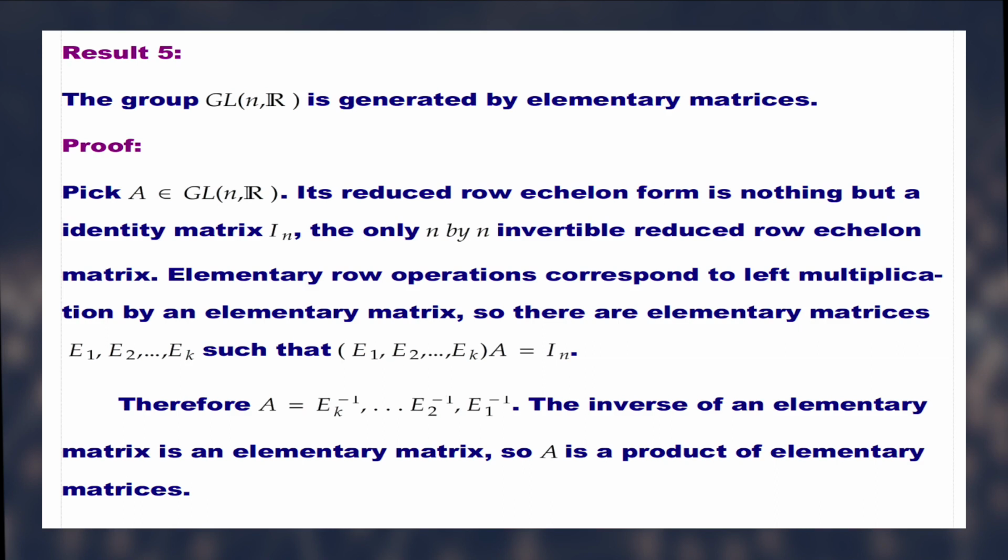So, there are elementary matrices E1, E2, and so on up to Ek such that E1 E2 ... Ek A is equal to I_n. Therefore, A is equal to Ek inverse ... E2 inverse E1 inverse. The inverse of an elementary matrix is an elementary matrix. So, A is a product of elementary matrices.